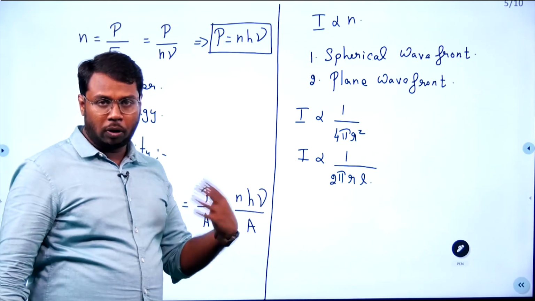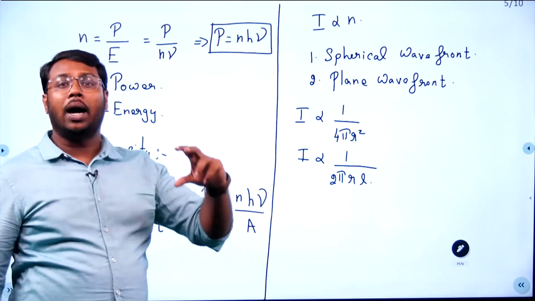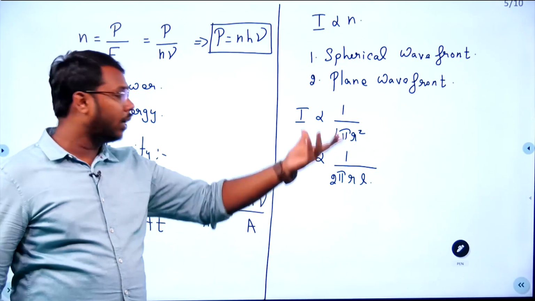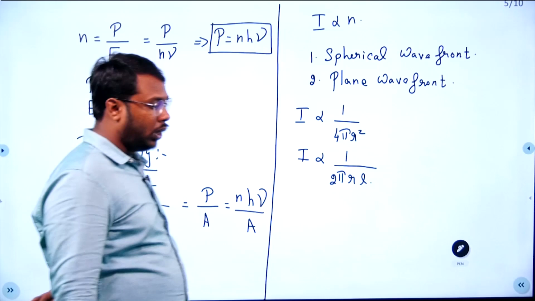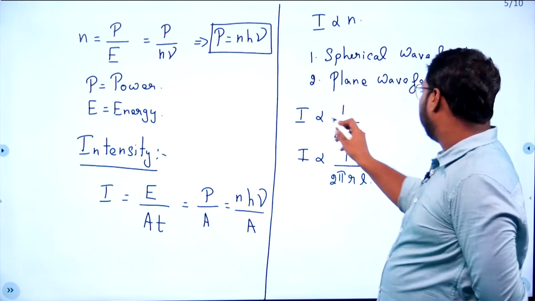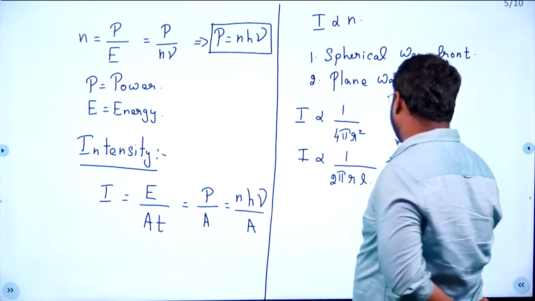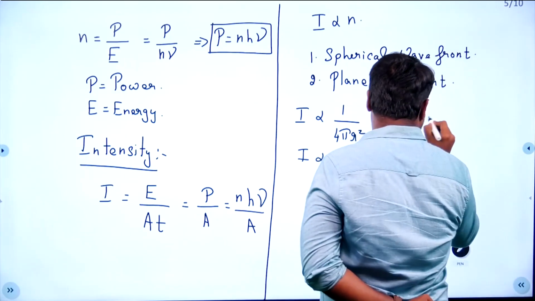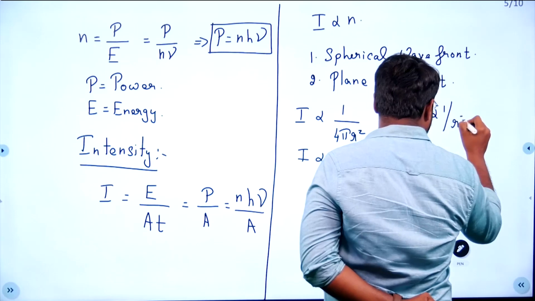A linear source will produce a cylindrical wavefront, and a part of a cylindrical wavefront is nothing but a plane wavefront. In most cases, we will use that intensity is inversely proportional to r squared. This plays a very crucial role.